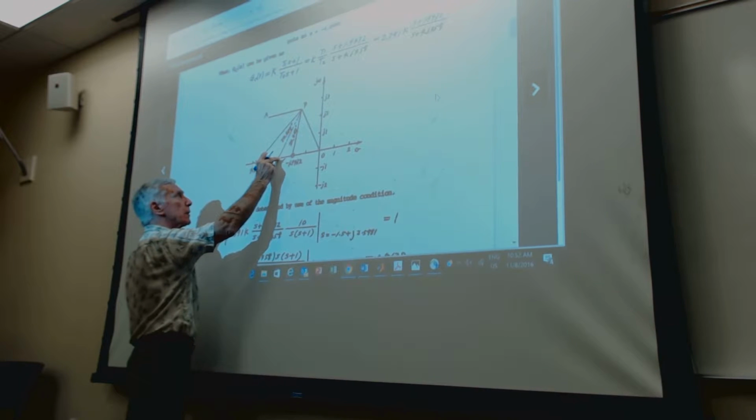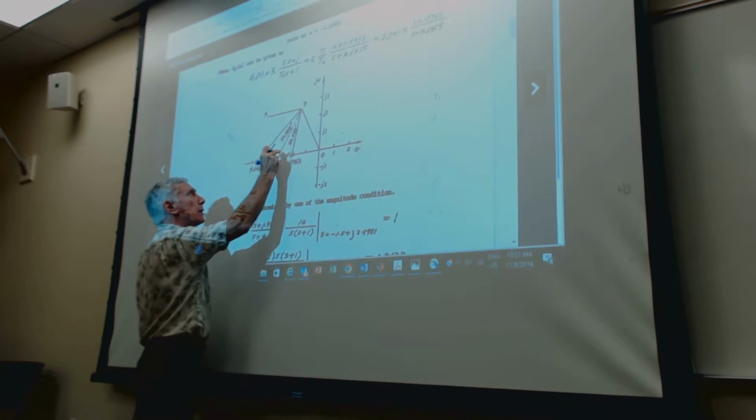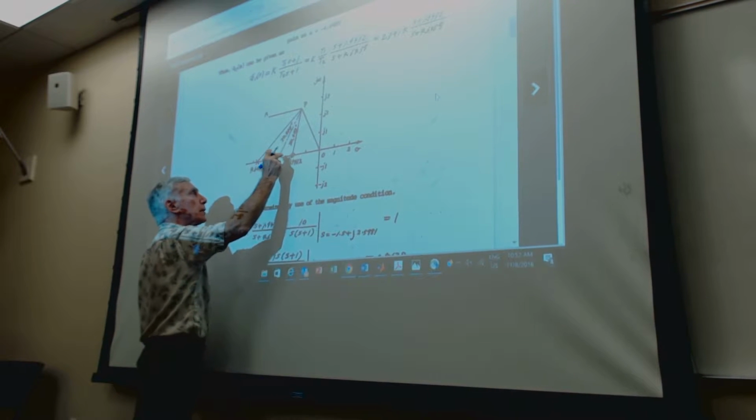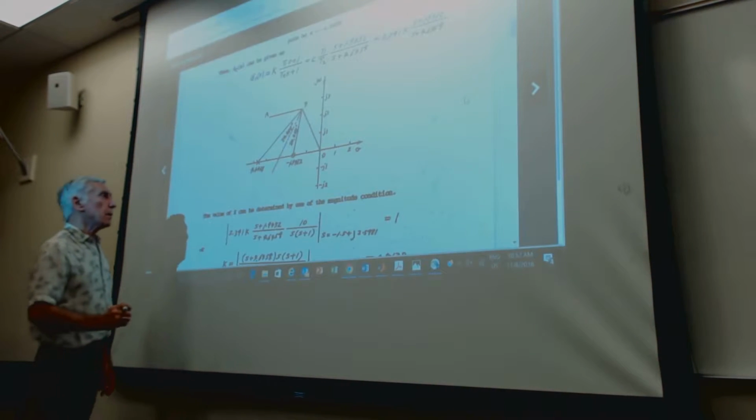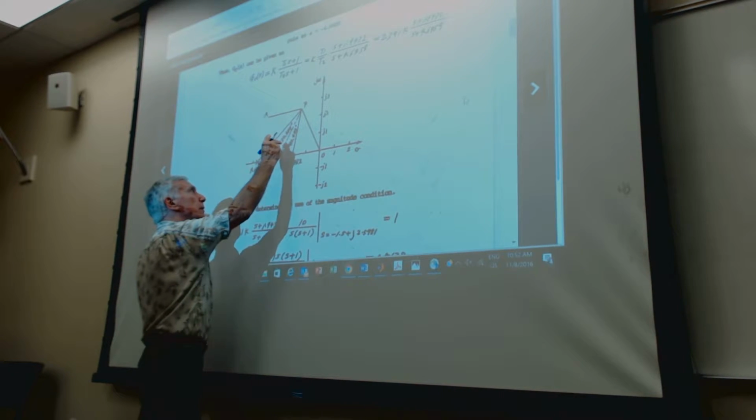Likewise, you have this triangle here. You know this angle in here, you know this angle here is 60, so you can determine this angle here, right?